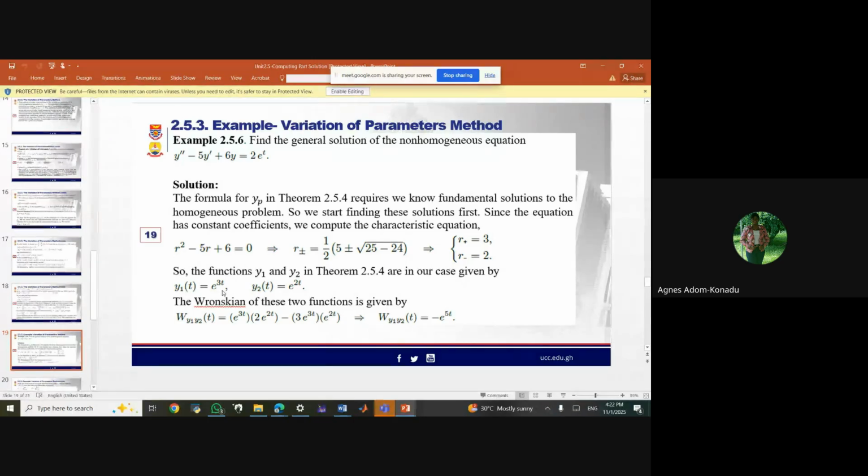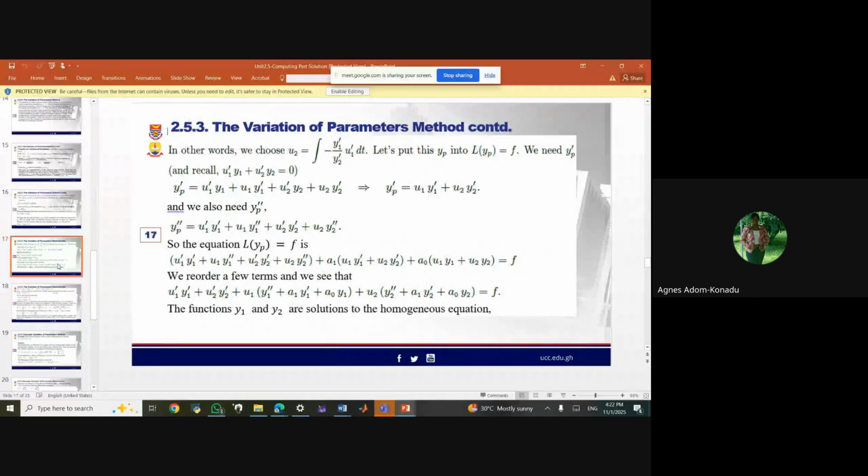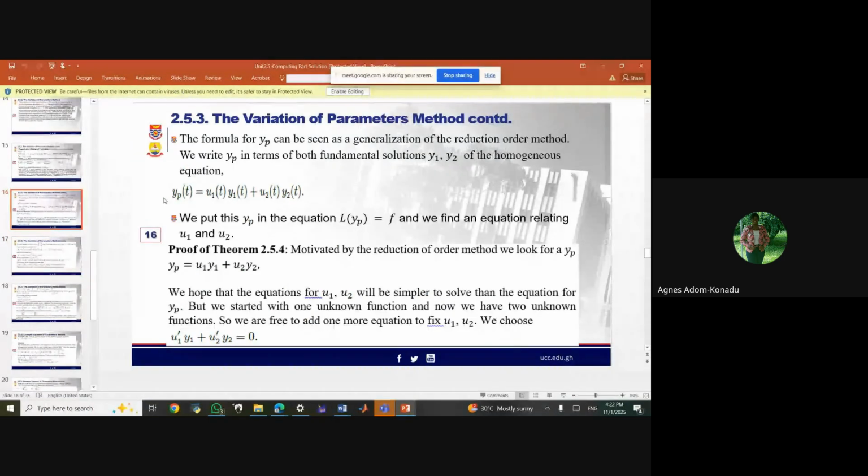And then we know that to find the particular solution, y sub p, it is u1 times y1 plus u2 times y2.